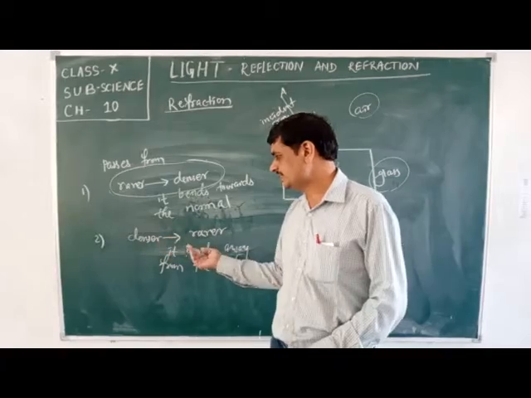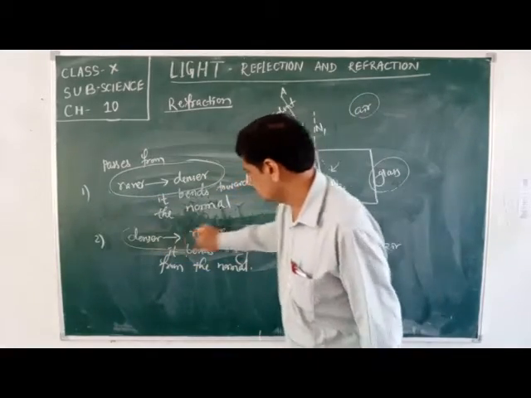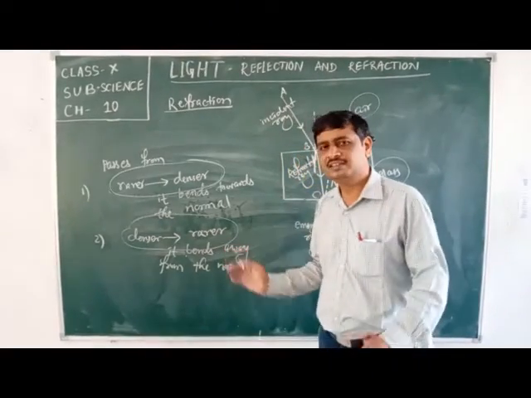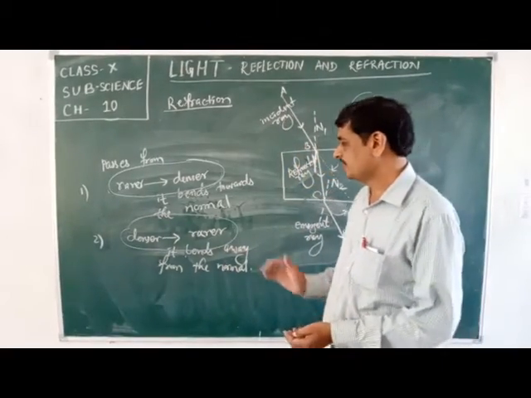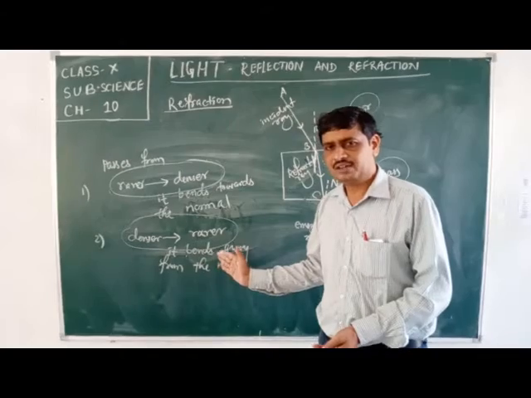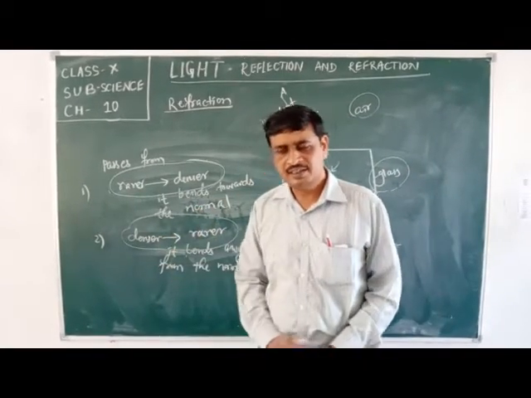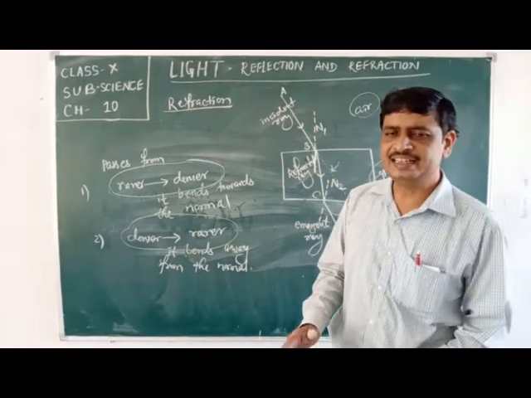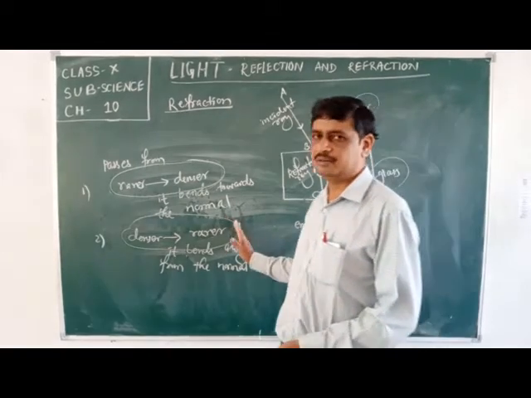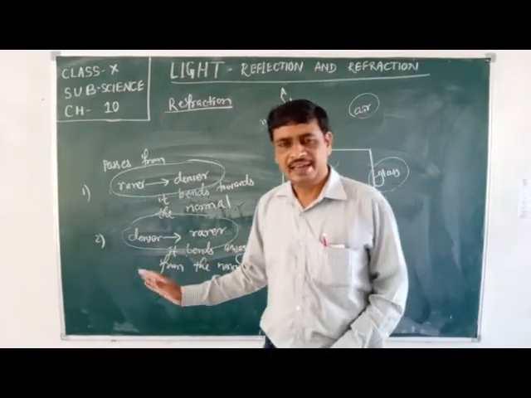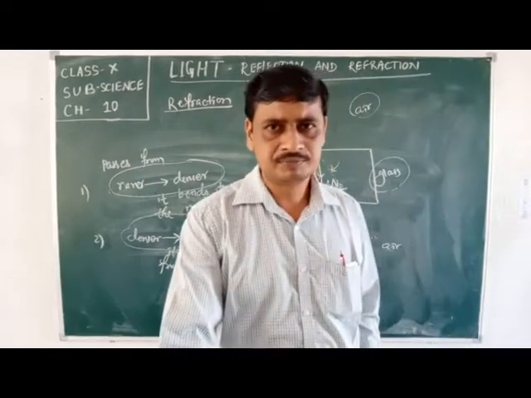In second case, when it is moving from denser to rarer, then speed of light will increase. Since the particles are slightly away from each other as compared to denser, the light will easily pass through rarer medium. So the speed of light will increase and it moves away from the normal.